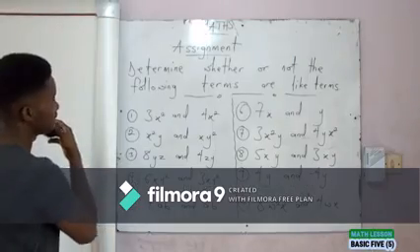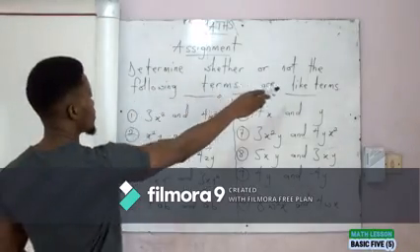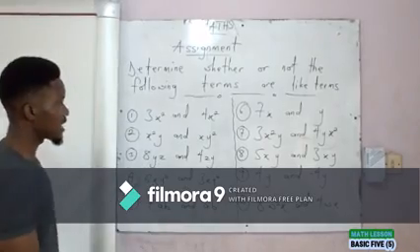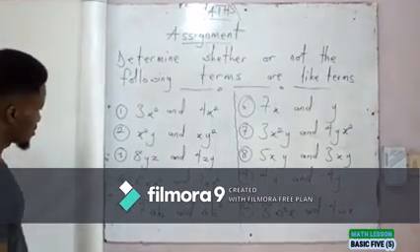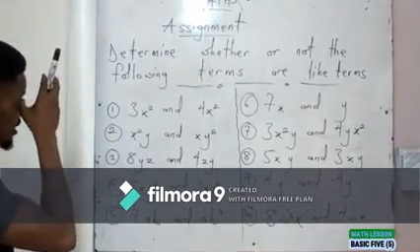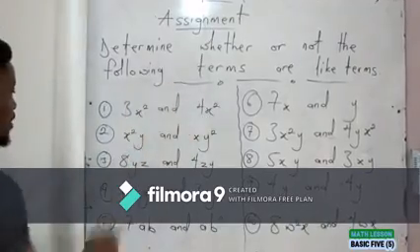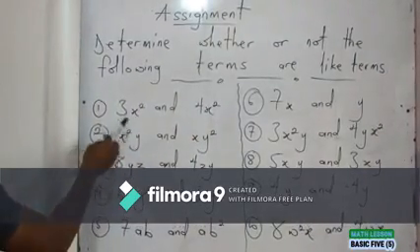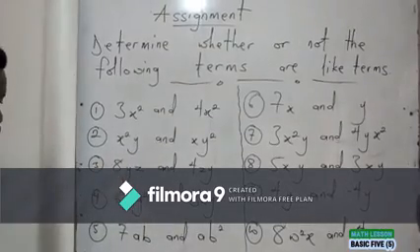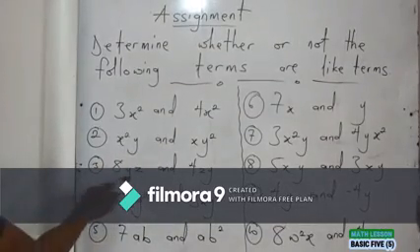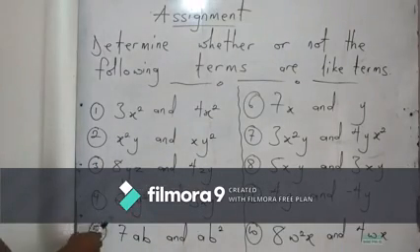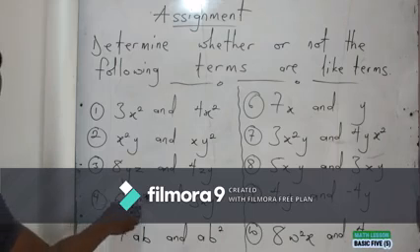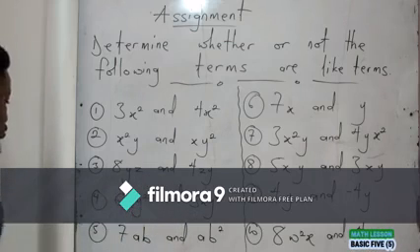Alright, learners, let's determine whether or not the following terms are like terms. Do them in the comfort of your homes. We have number 1 as 3x squared and 4x squared. Number 2, x squared y and xy squared. Number 3, 8yz and 4zy. Number 4, 6xy squared and 3x squared y.